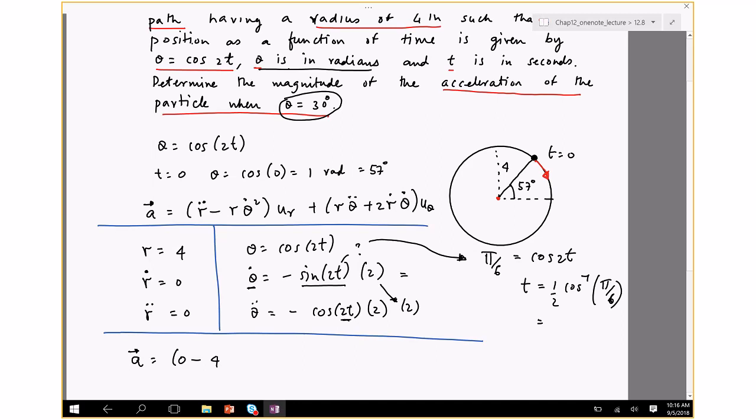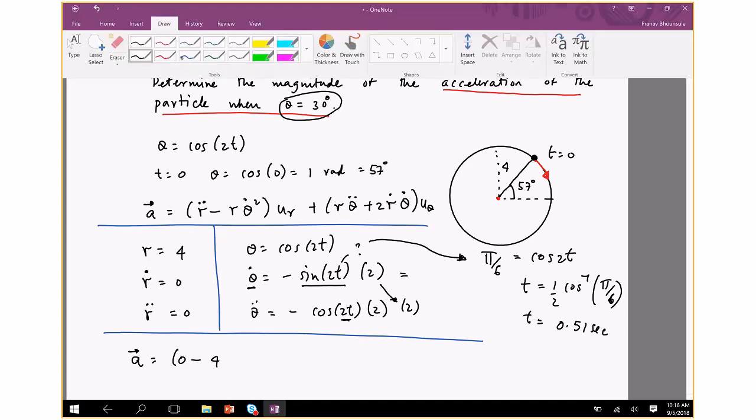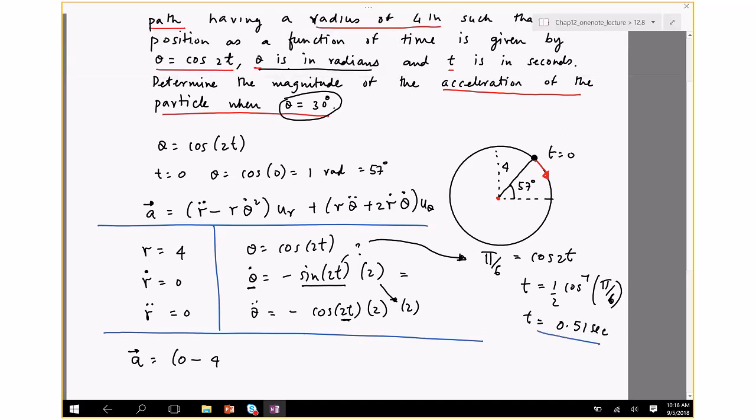So that comes out to be 0.51 seconds. Okay, so now with this information I can go back and plug it in here and solve for theta dot.